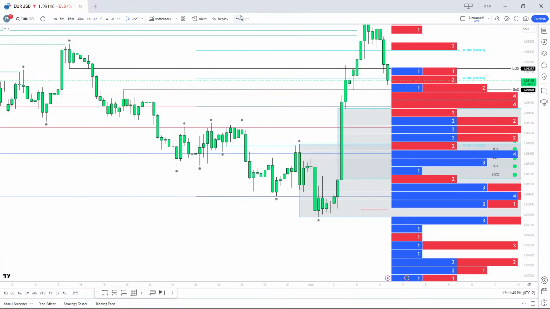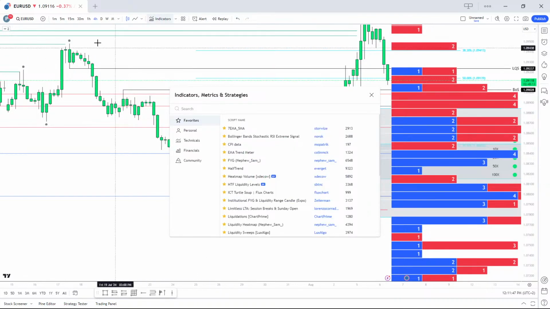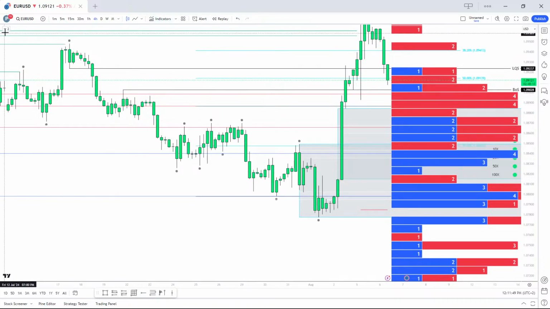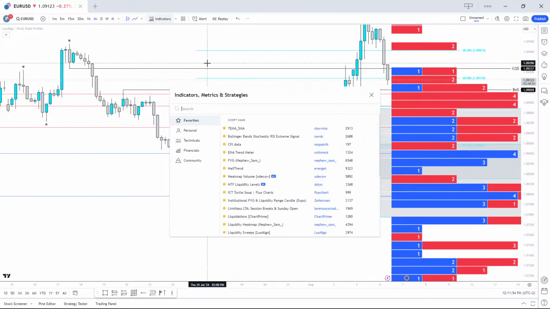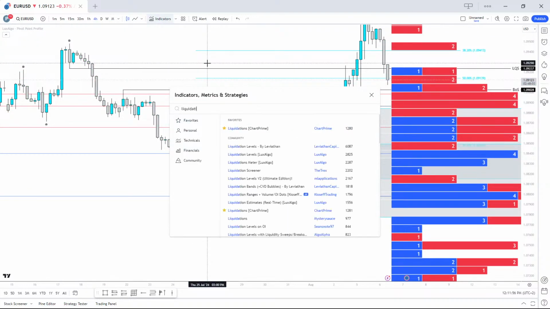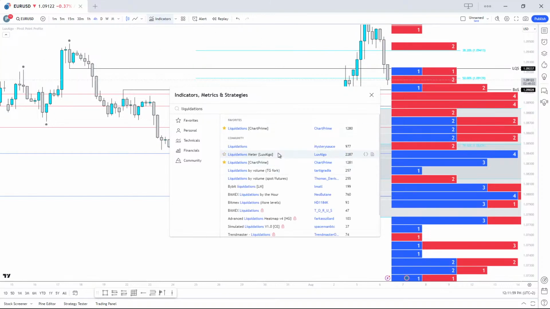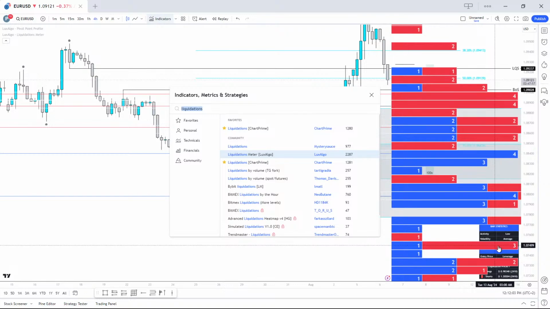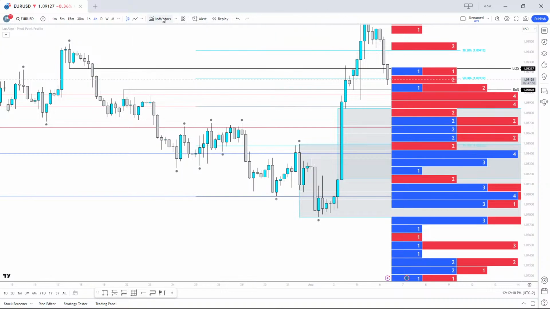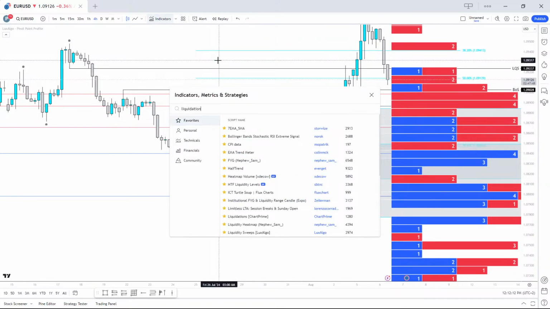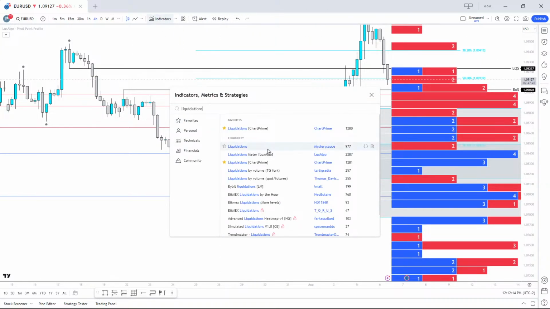So let's see. I was wondering if there's any other liquidation indicator, because I saw some of them. So basically liquidations meter. Let's see. Alright, yeah, this won't help us. Liquidations. Let's see, what is this one?